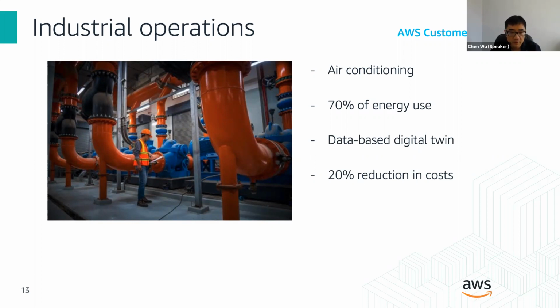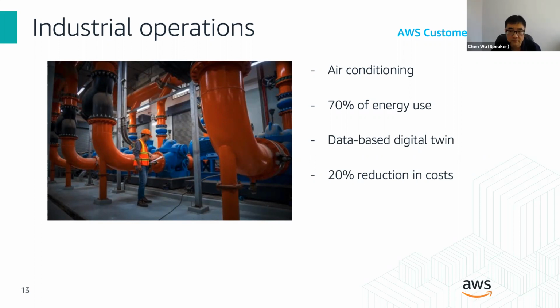Once you have this digital twin, you can predict the demand based on the temperature, the weather, but also many other factors, including the layout. Then you can have good control over which units you want to shut down when you know it's not going to be efficient to continue to run those units.